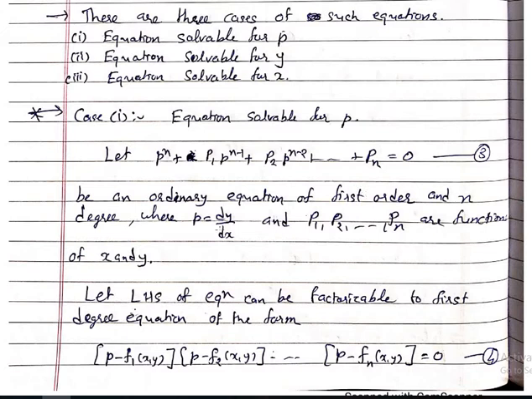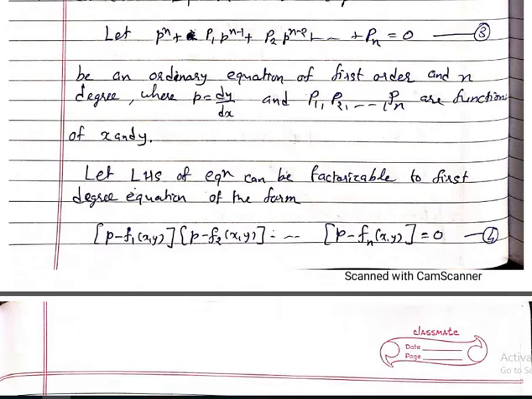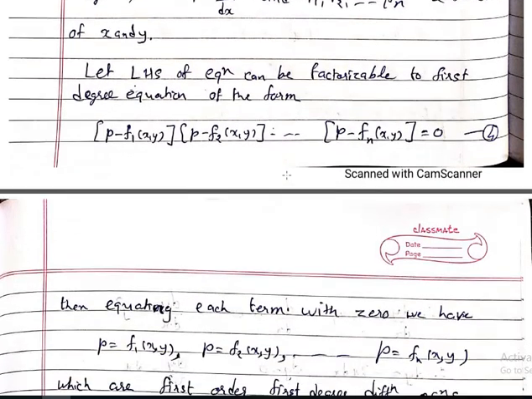That means p is dy by dx, and capital P1, capital P2 up to capital Pn are functions of x and y. Suppose this has a factorization p minus f1 of x y, into p minus f2 of x y, up to p minus fn of x y. Then you have n different equations from this, comparing each with 0.